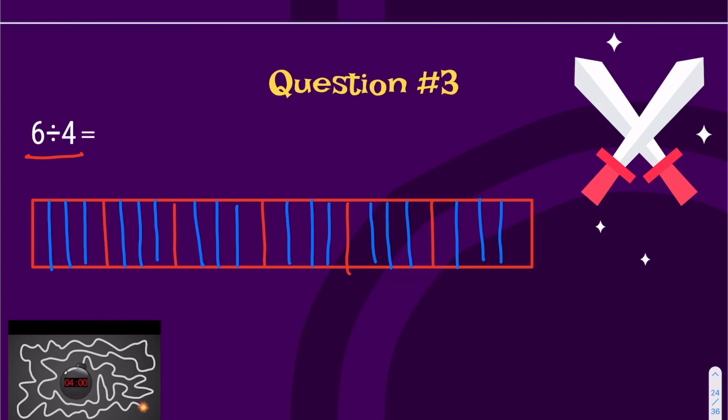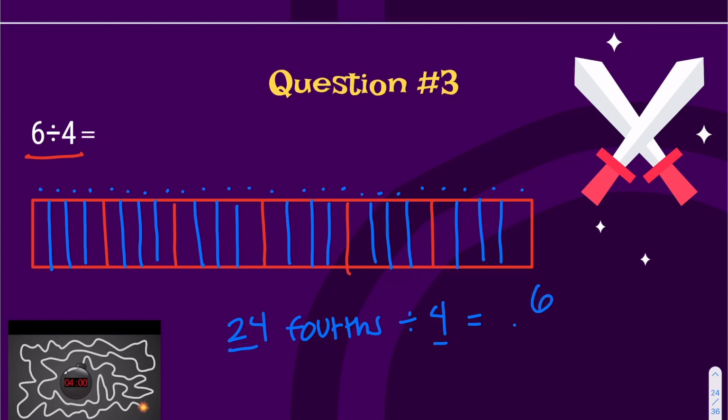So let's count up all the 4ths. We have 1, 2, 3, 4, 5, 6, 7, 8, 9, 10, 11, 12, 13, 14, 15, 16, 17, 18, 19, 20, 21, 22, 23, 24. Here we have 24 fourths divided by 4. And do we know what 24 divided by 4 is?